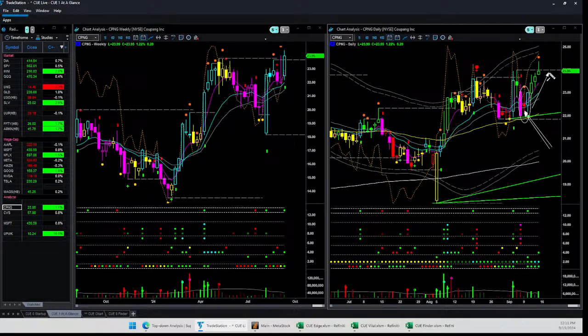Just like I am watching CVS for a buy setup again, I am watching CPNG for a short setup. If it comes down from here, that will create a false upside breakout. We already have a bearish indecision at the top. We had a bearish headwind at this level.